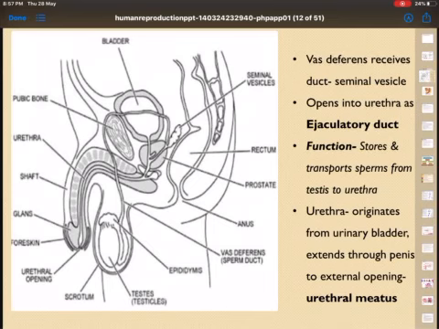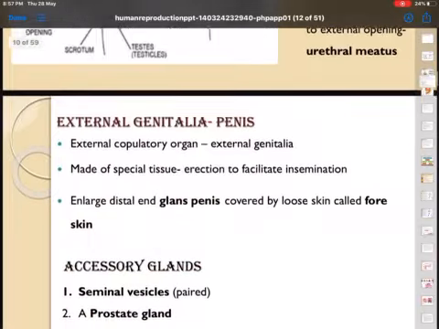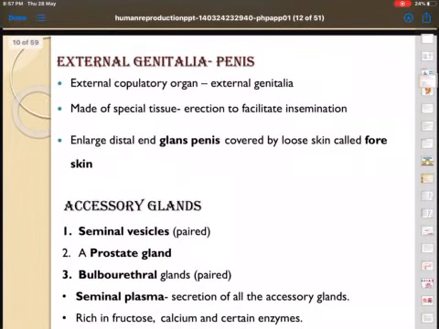As you are able to see in this picture, the continuity of the various tubes and the testis having continuation with the vas deferens.